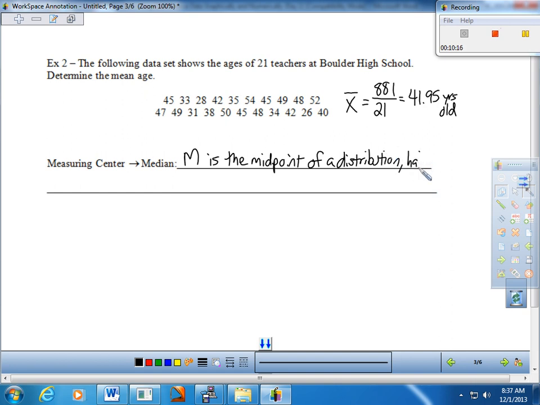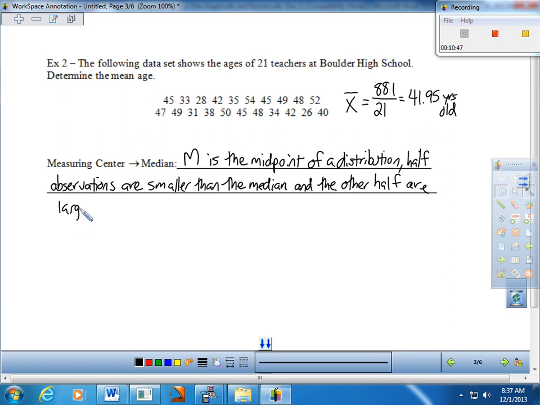Half the observations are smaller than the median, and of course, the other half are larger than the median.